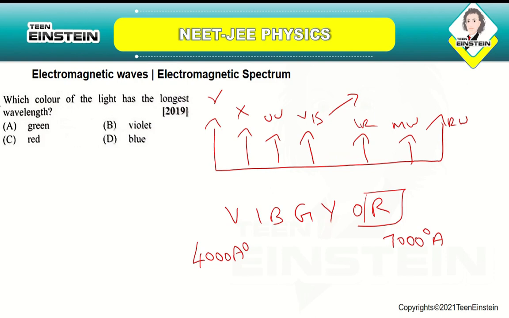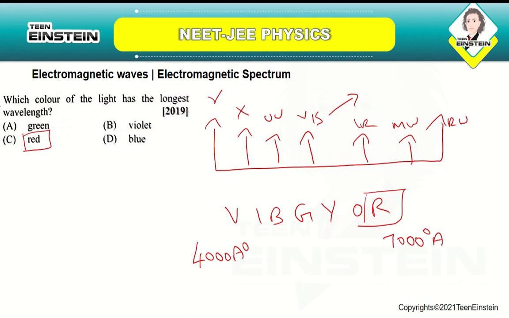Okay. So, due to this longest wavelength only, red color is being used in signals also for giving an alarm at a larger distance, and in most of the cases like in building tops and all, they will be using this red color light to give an intimation for the flights also that some kind of an obstacle is present. Okay, because of its longest wavelength, it can be easily visible at a larger distance. So, the correct answer is red, option number C, which is having the longest wavelength.